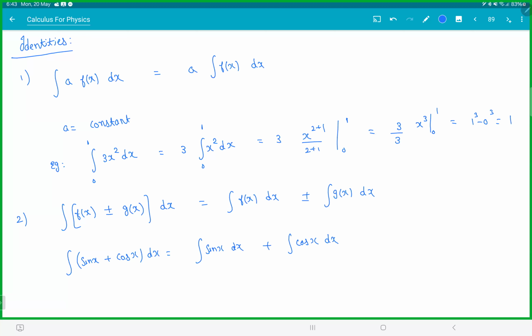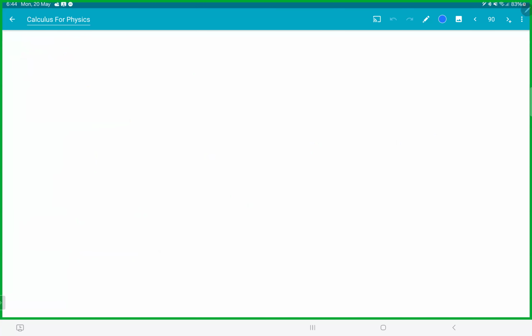So you note down the formulas, right? So it is just a matter of the mathematical part. There's nothing much to think.